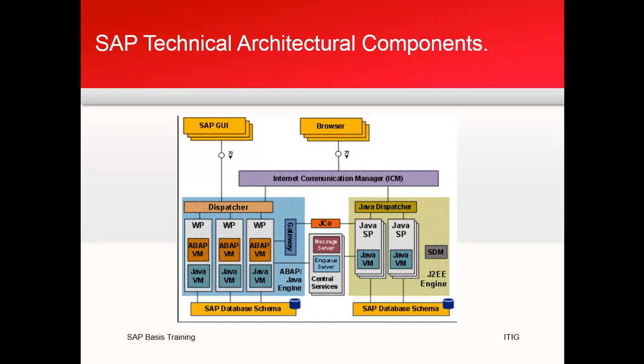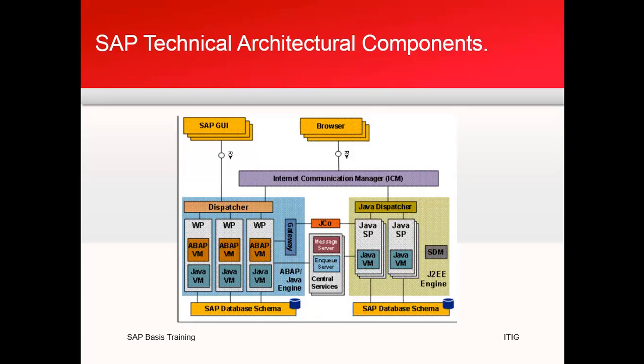The first thing that you get into is the Internet Communication Manager. This will take you to the Java dispatcher, and the Java dispatcher in turn talks to the server process, and you have SDM, the Software Deployment Manager, running as well. This is your J2EE system, which will connect to the database as and when required by the application.